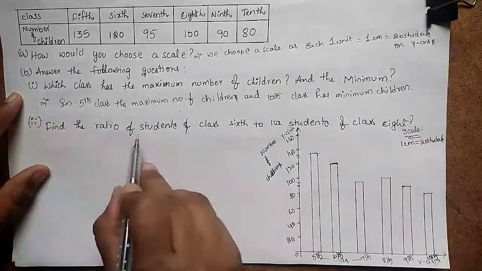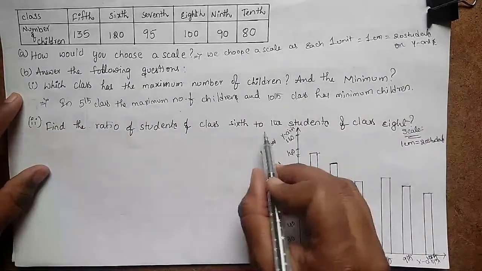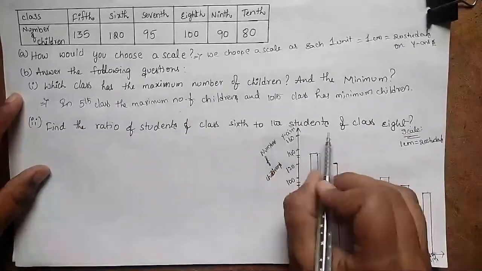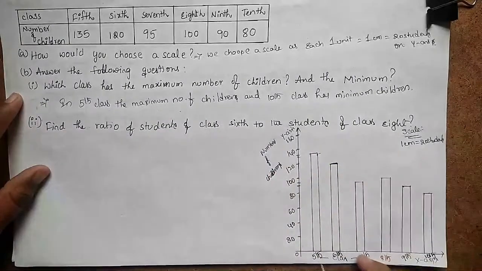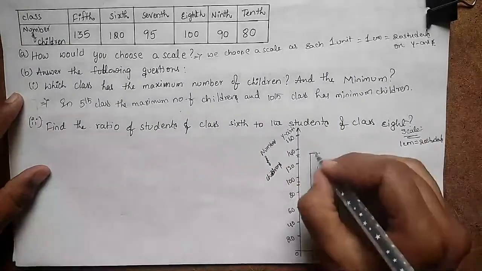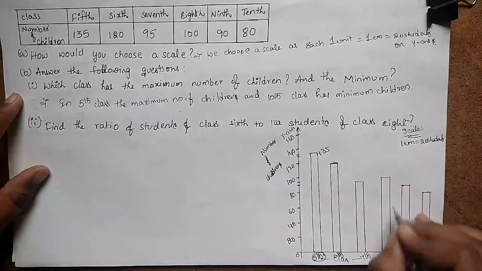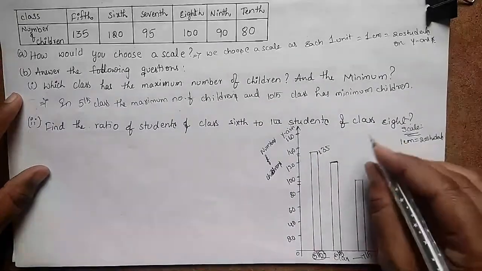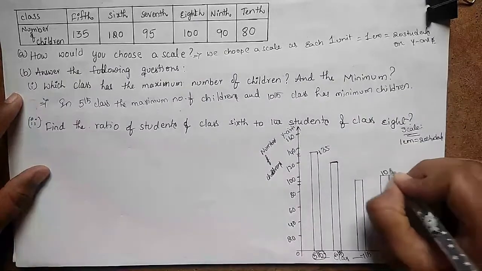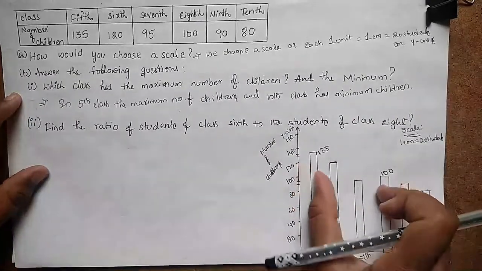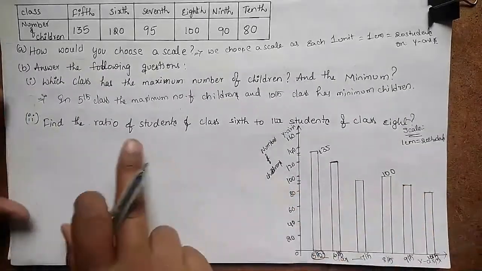Next, find the ratio of students of class 6 to the students of class 8. So the 5th class has 135 students, and the 8th class has 100 students. We have to find the ratio of the students.